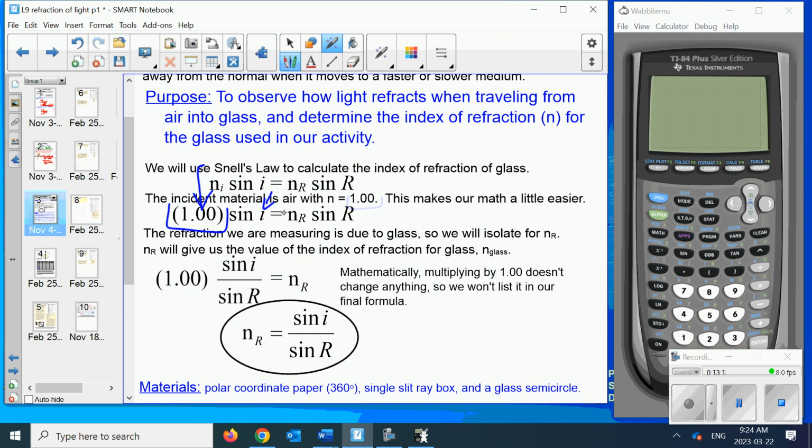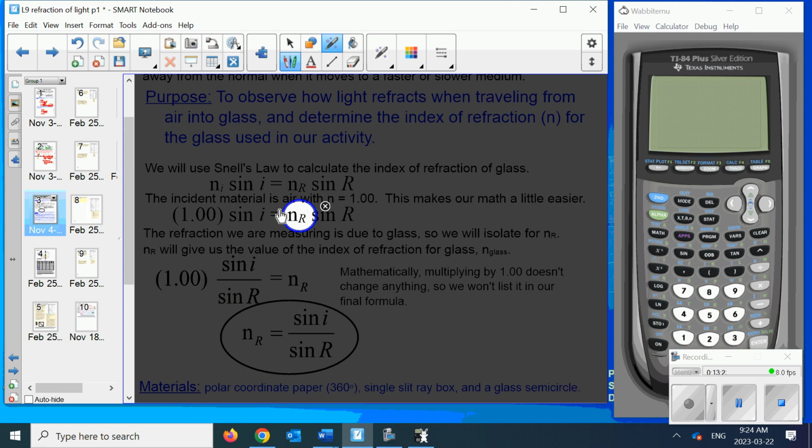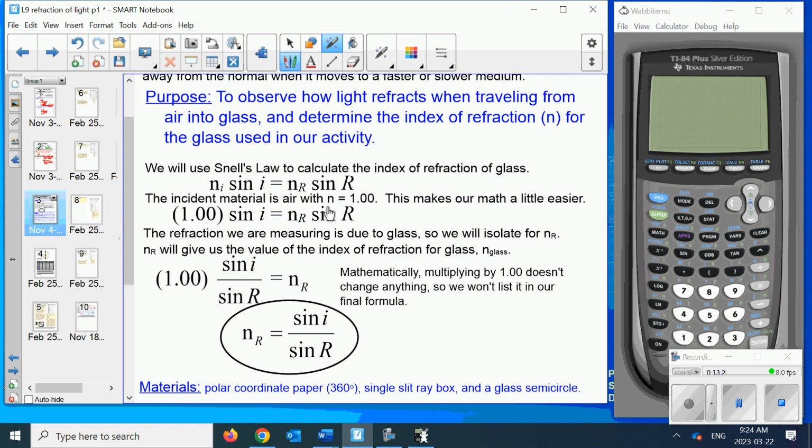We're going to be changing the angle all the time, and we're going to measure the angles. The whole goal of this is to find NR. That's the index of refraction, NR, for the glass used in our activity. The refraction we're measuring is due to glass, so we'll isolate for the NR.